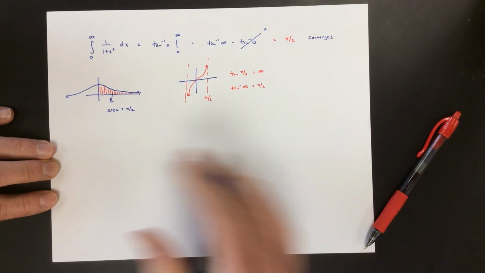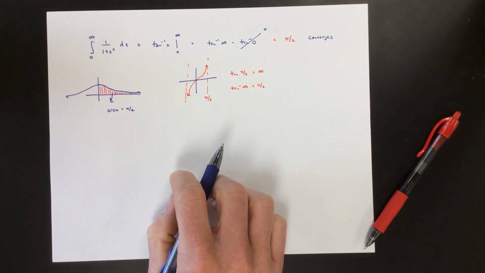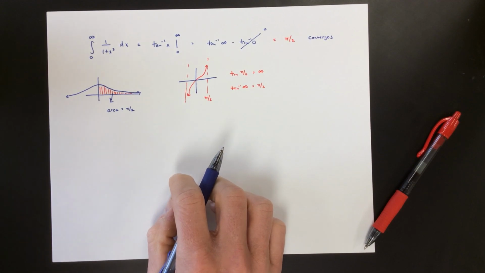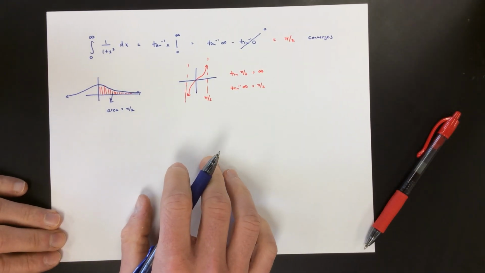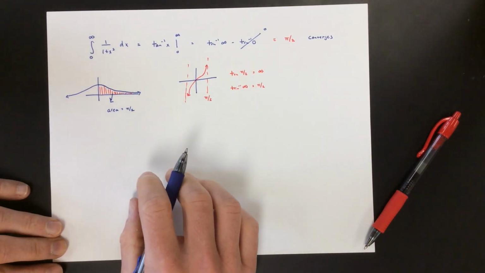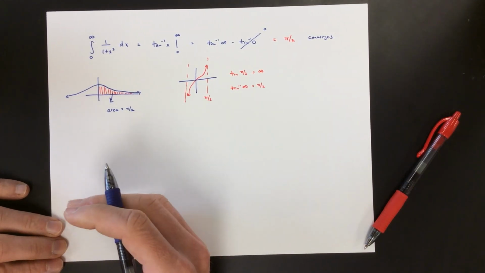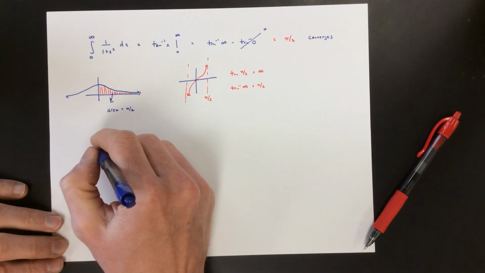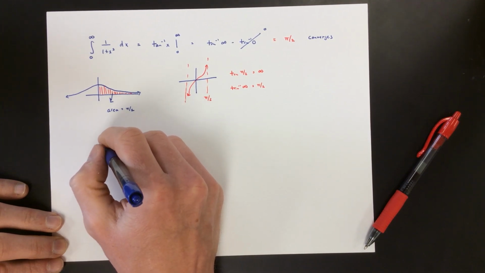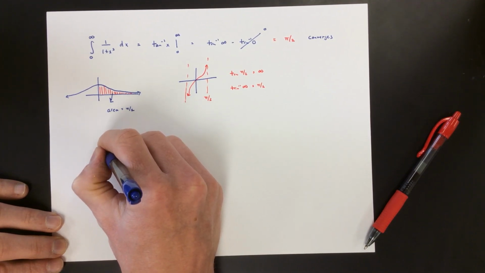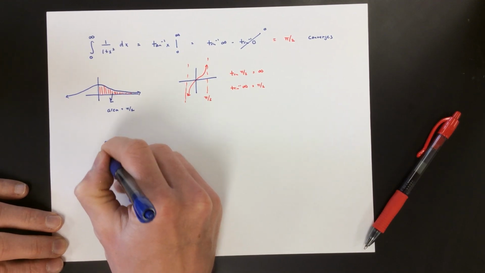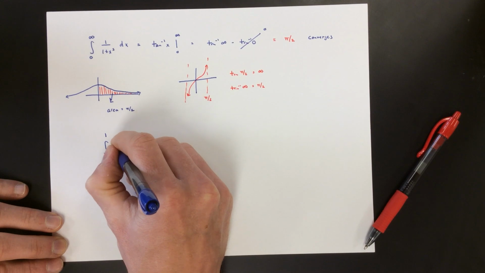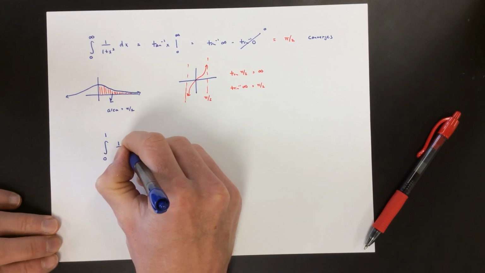Okay, so that's kind of another example of a different function that you can look at to decide whether it converges or diverges. Okay? The other way you can look at an improper integral is you can look at a vertical asymptote. So we could look at, let's say, what if we wanted to integrate from 0 to 1 of 1 over x dx?